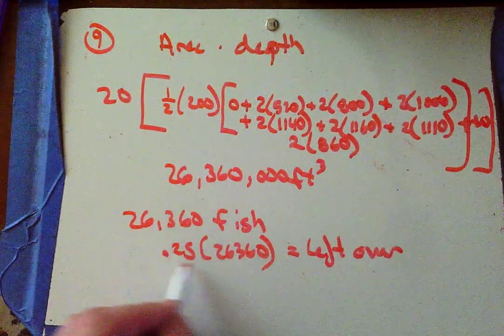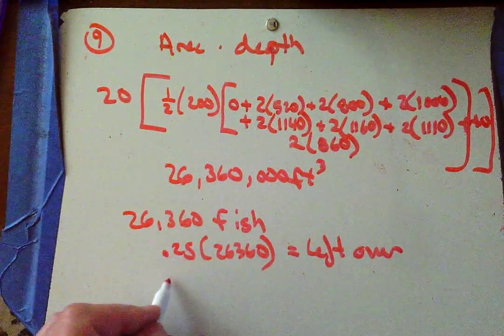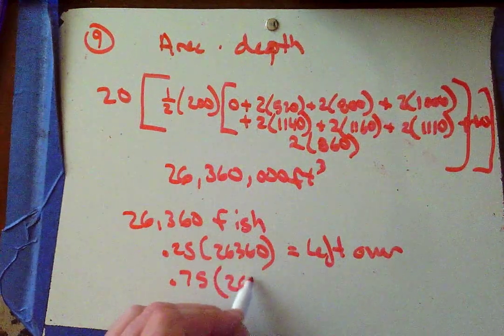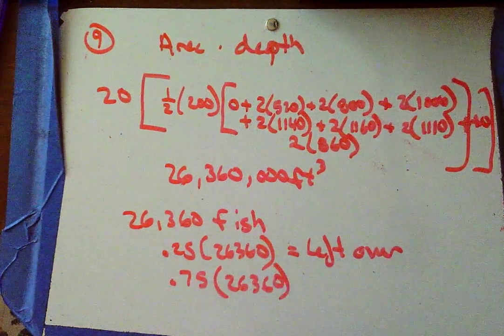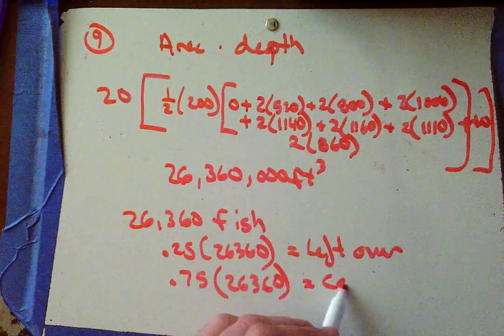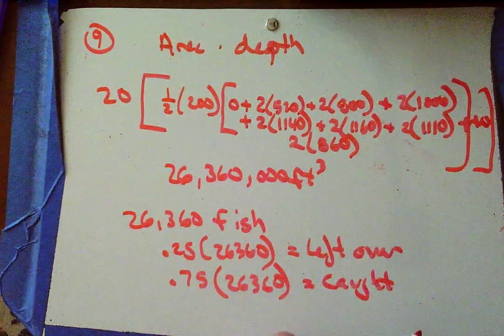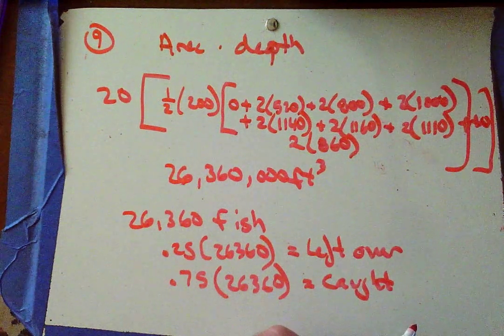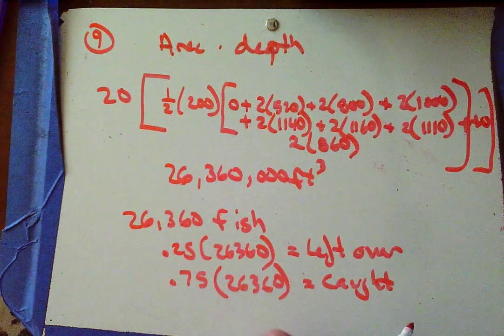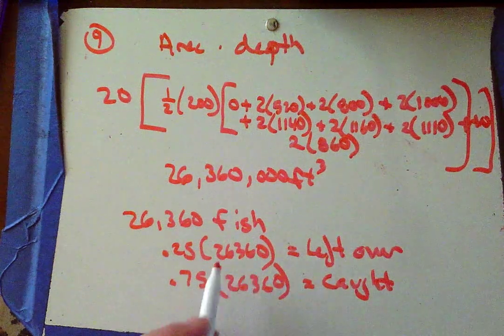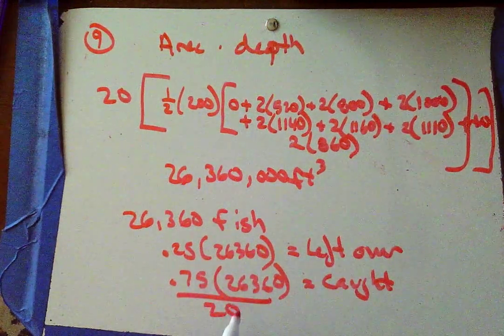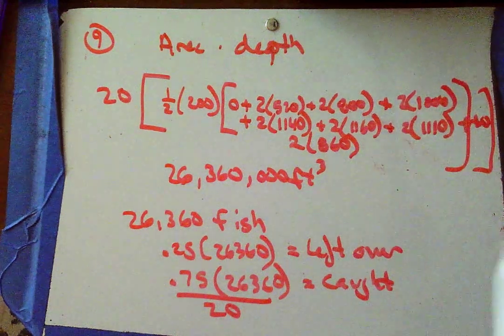We're saving 25%, which means fisher people have caught 75%. And we're told that each of those people needs a license, and they want to know how many licenses if the maximum number of fish that you can catch is 20. So let's divide this number by 20.